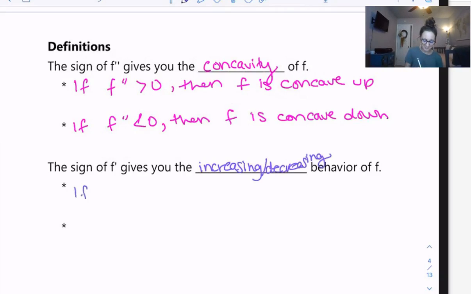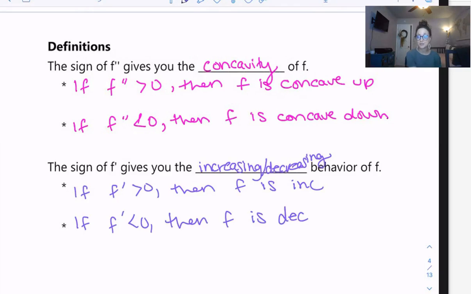If the first derivative is positive, then f is increasing. And if the first derivative is negative, f is decreasing. Any abbreviations I use are totally fine to use on the AP exam. So INC, DEC for increasing, decreasing. You can use CU and CD for concave up and down, respectively.